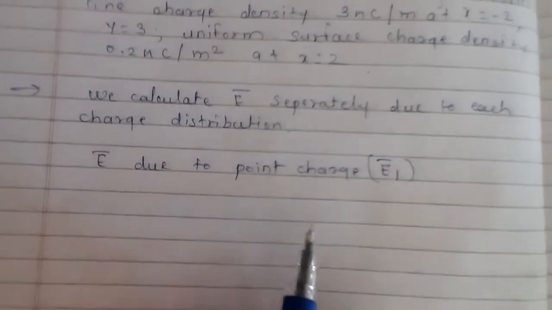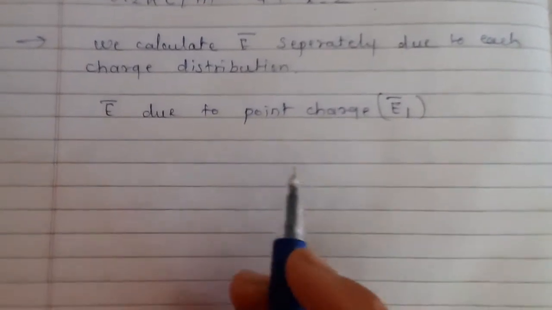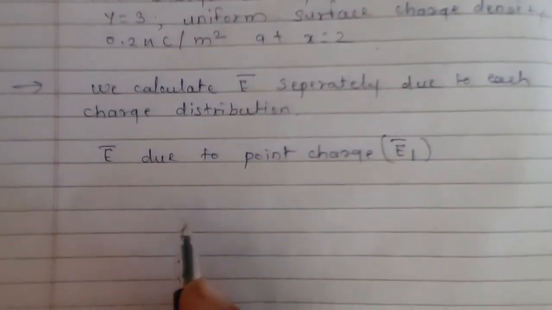Here we have to calculate the E bar due to the point charge Q at point P(2, 0, 6).